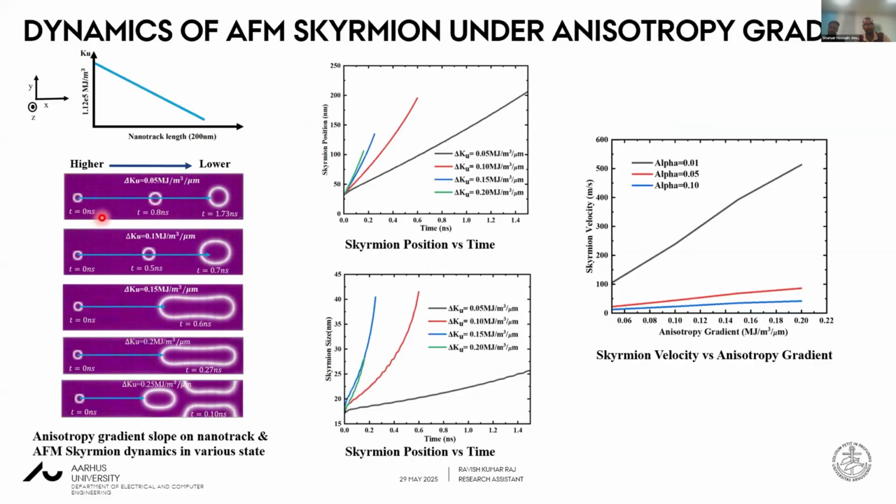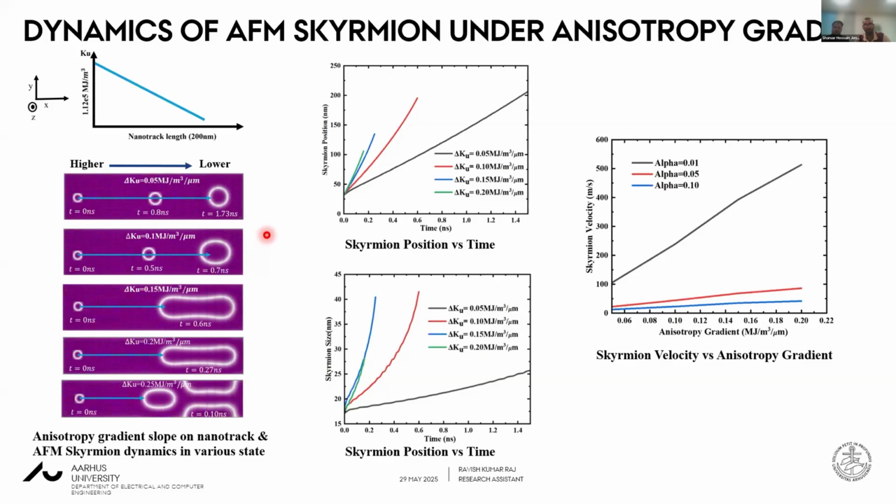When the skyrmion is nucleated at a particular point and associated with anisotropy gradients, it always minimizes its energy, and energy minimization means a bigger skyrmion size. But at the same time we must not create too much gradient, because it goes into an unstable state and gets deformed, sometimes annihilated.